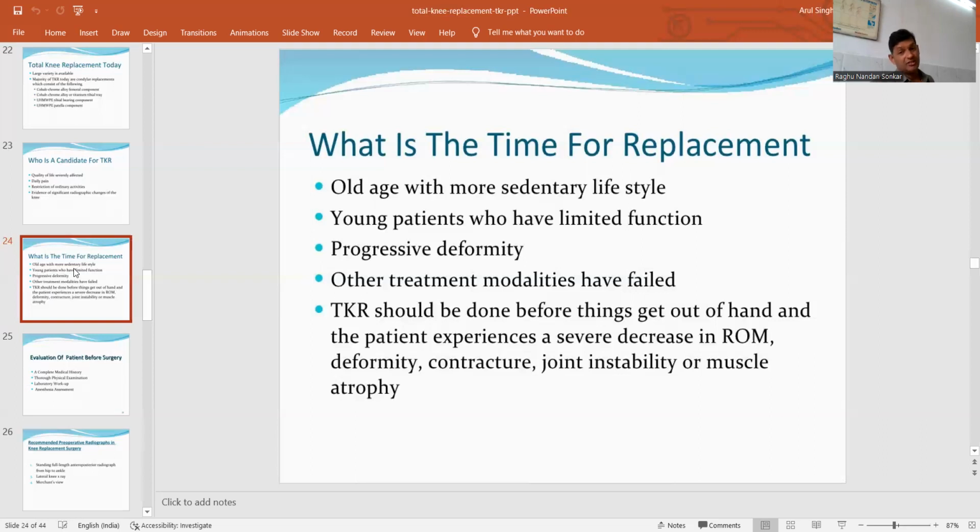A young patient who has limited function, where progressive deformity can be checked by X-ray from time to time, and other treatment modalities have failed. Non-pharmacological and pharmacological treatment have already failed. So that is a good candidate for replacement.